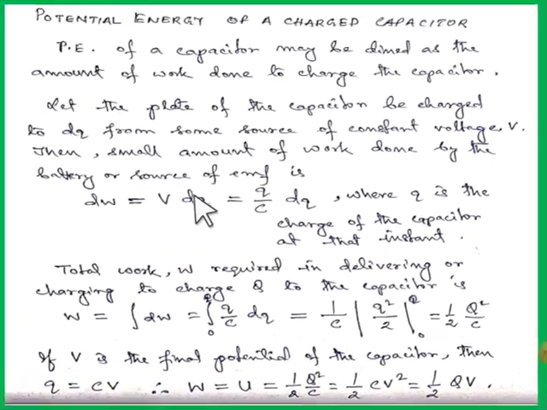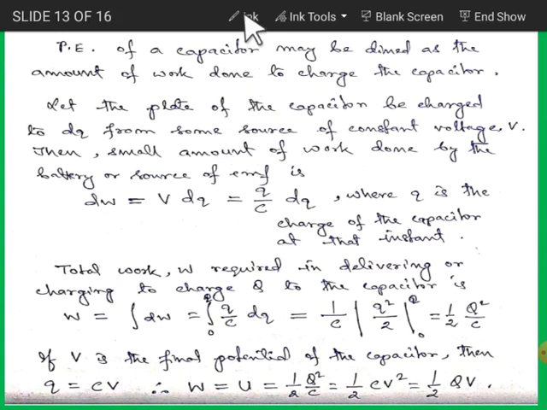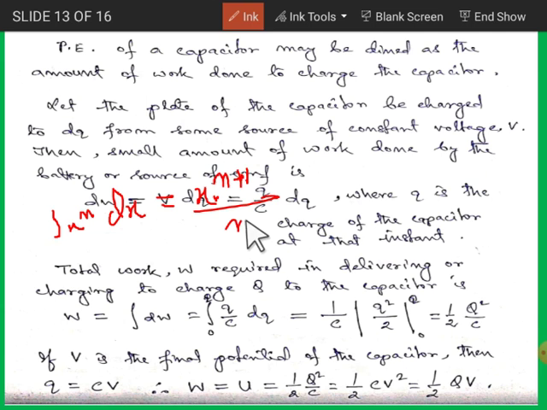Let me show you. Now if you have the integration of x to the power n dx, then what is the formula? The formula is x to the power n plus 1 divided by n plus 1, right?